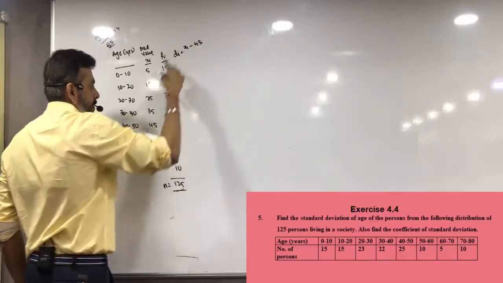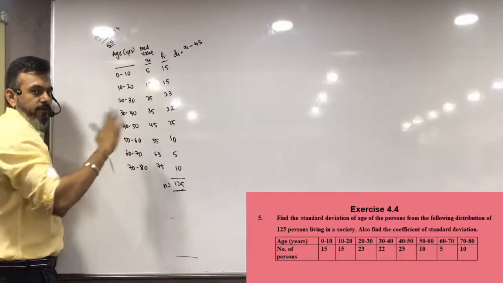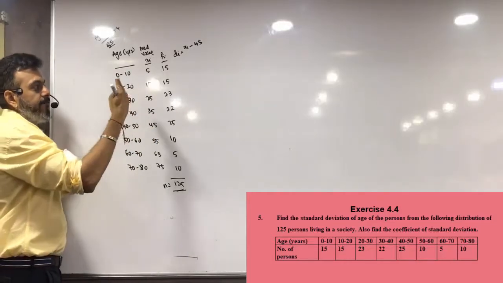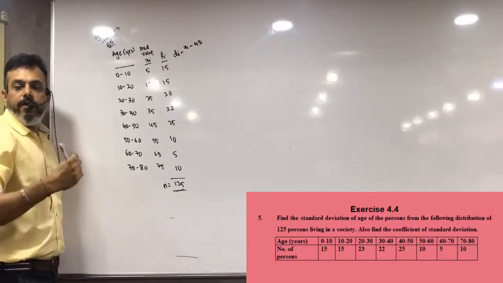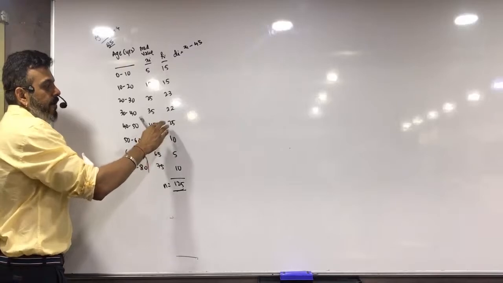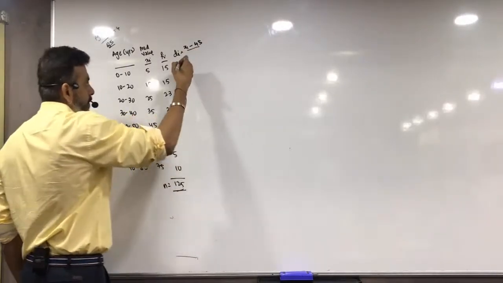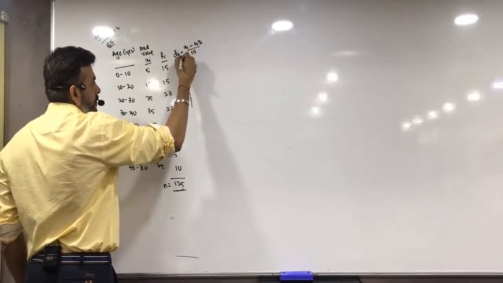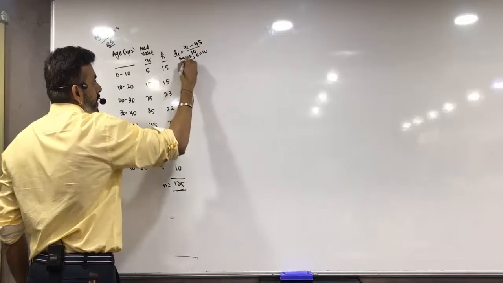Generally, we take the variable with the highest frequency or the centermost. अगर तुम xi 40 लोगे ना तो भी correct है. Okay, because it's assumed, so any number can be assumed, but generally we go for centermost with the highest frequency. Upon what is class length? 10. So A is equal to 45, C is equal to 10.